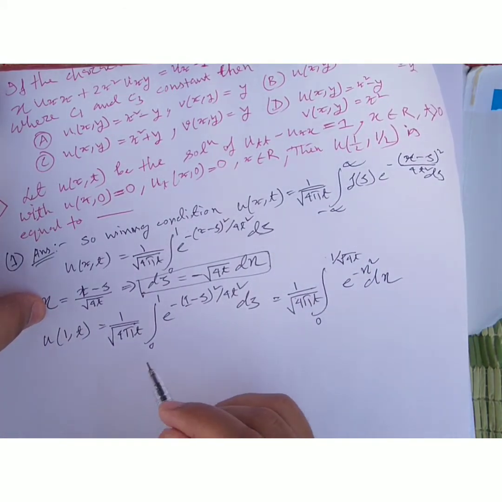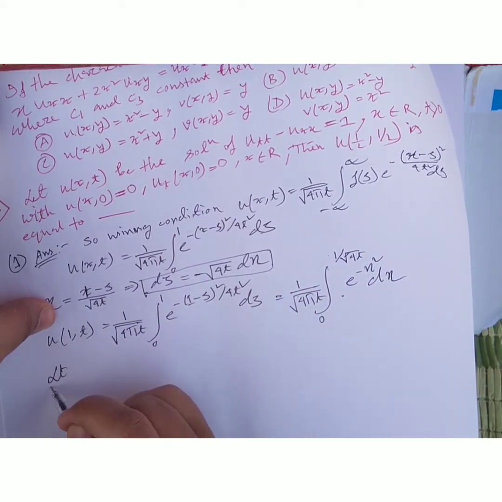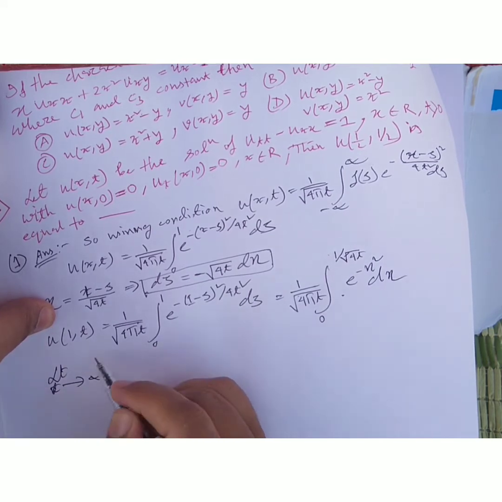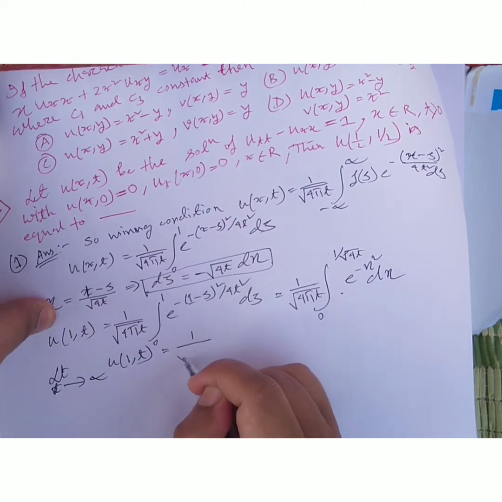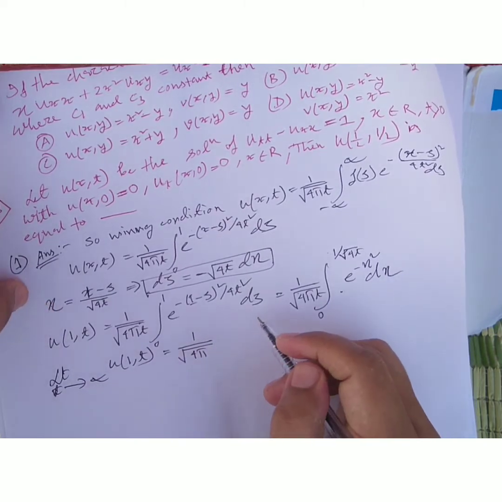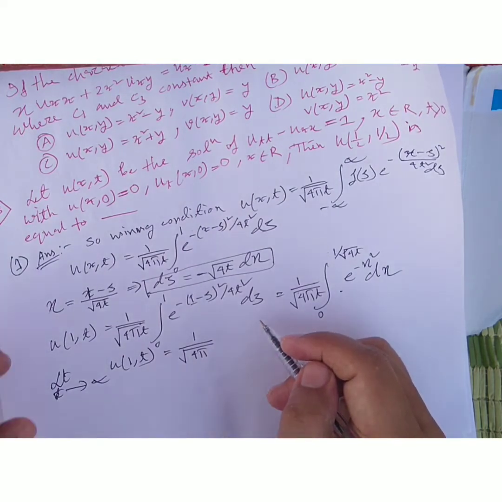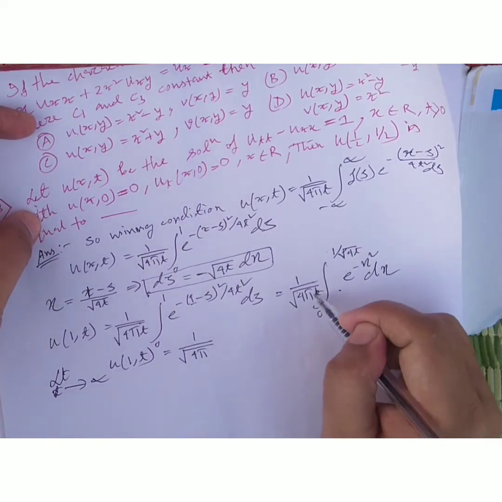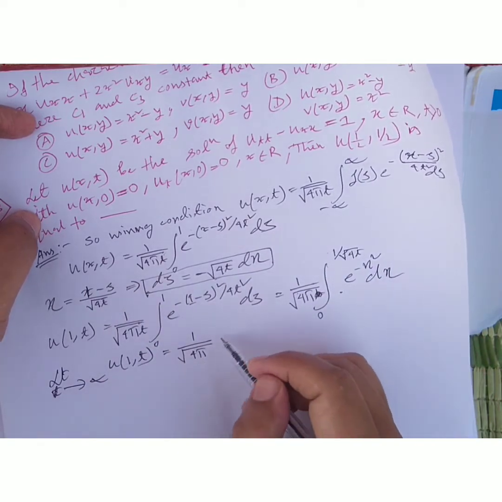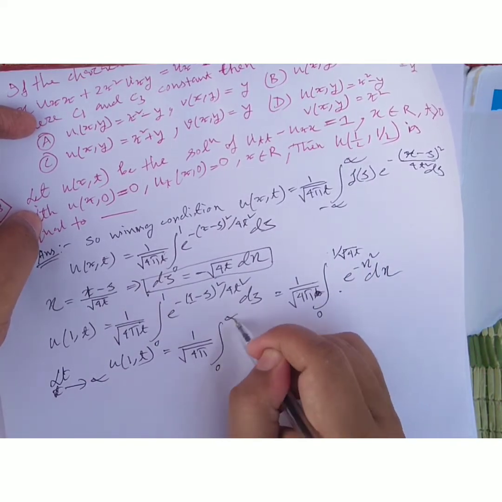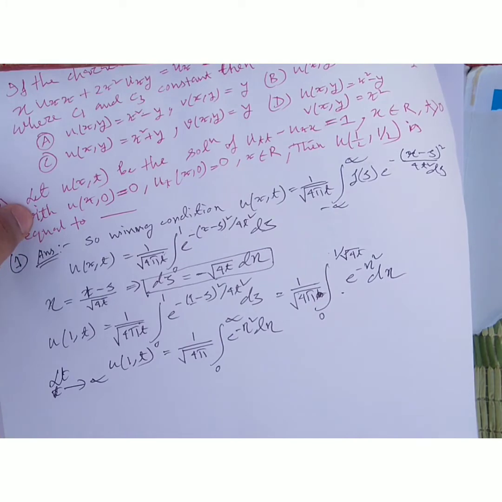And now you see that this is the gamma function, and now it is given that I have to find out the limit as t tends to infinity of u(1,t). Limit t tends to infinity of u(1,t) means 1 by root over π, integral from 0 to infinity of e to the power minus eta square d eta.